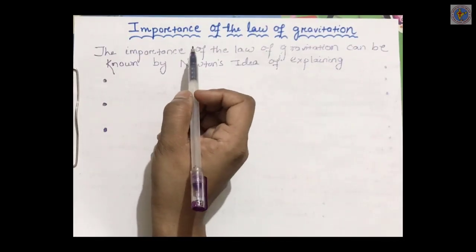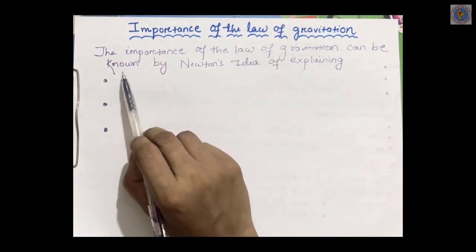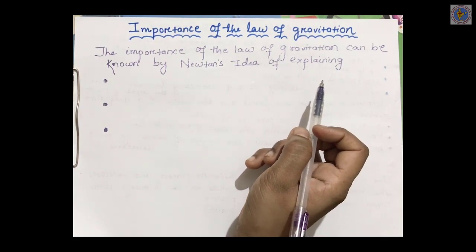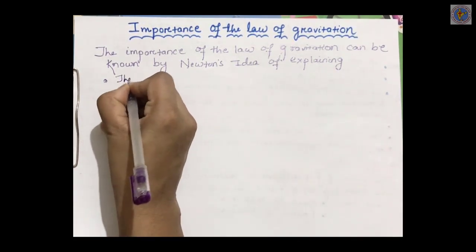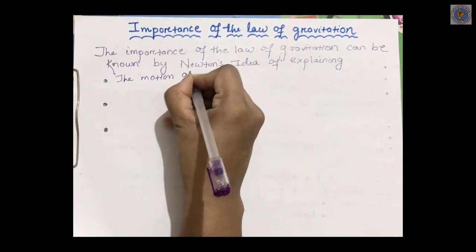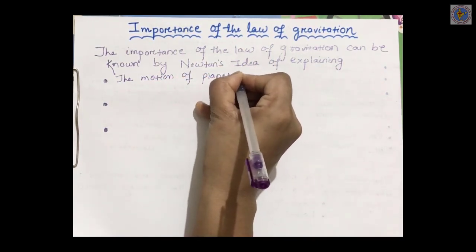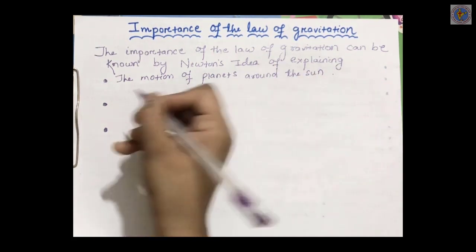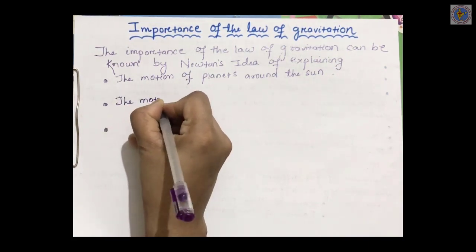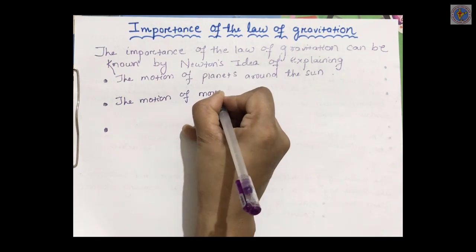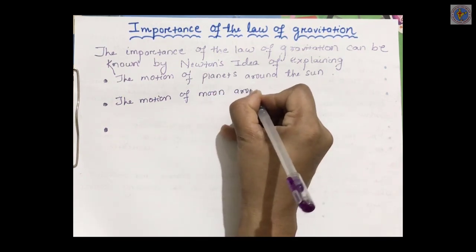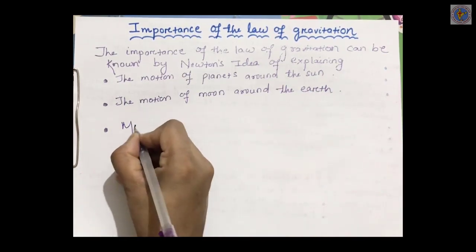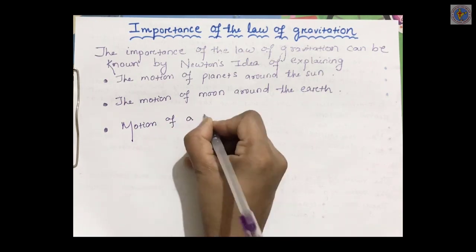Now let us learn what is the importance of the law of gravitation. The importance of the law of gravitation can be known by Newton's idea of explaining what, children? Explaining the motion of planets around the sun, the motion of the moon or any satellites around the earth, and also the motion of a freely falling body.